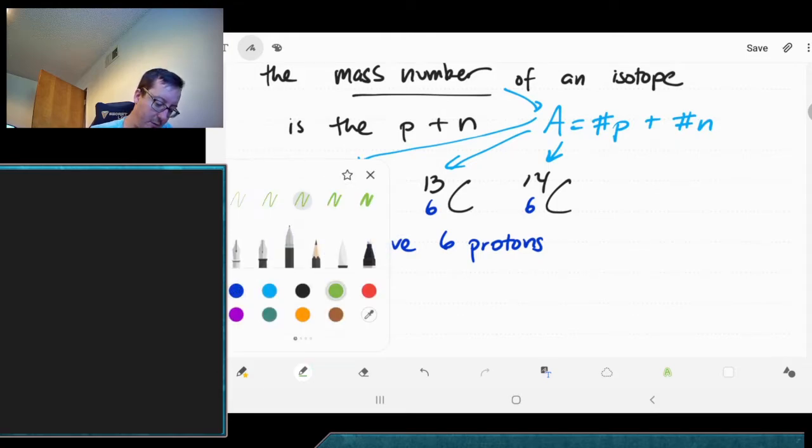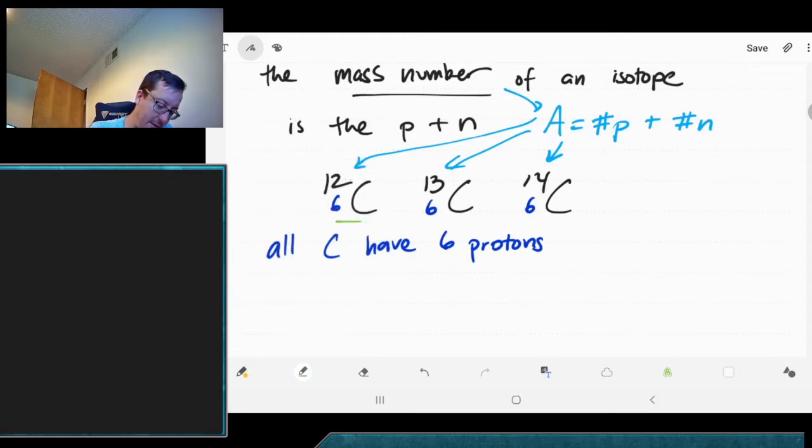Well, this first one has got 6 neutrons. This one has 7. And this one has 8. Since that mass number on top is protons plus neutrons, these all have 6 protons because they're all carbons. And so we can see these 3 flavors of carbons called isotopes of each other have different numbers of neutrons.